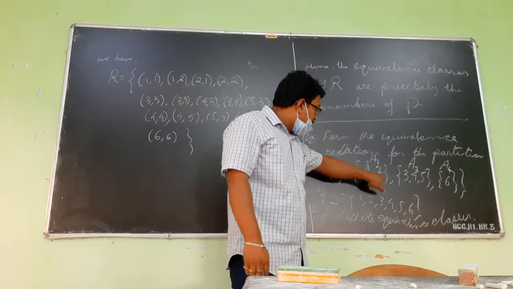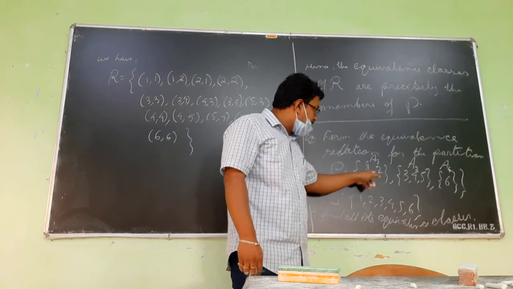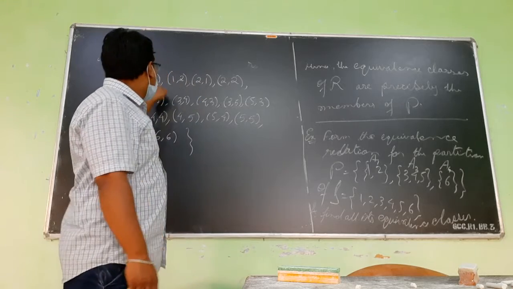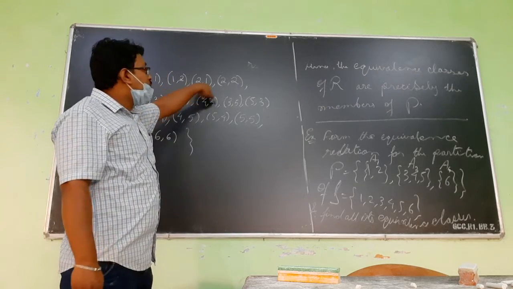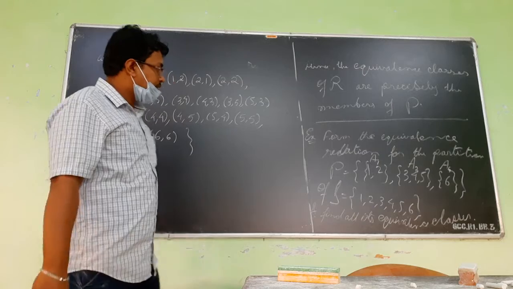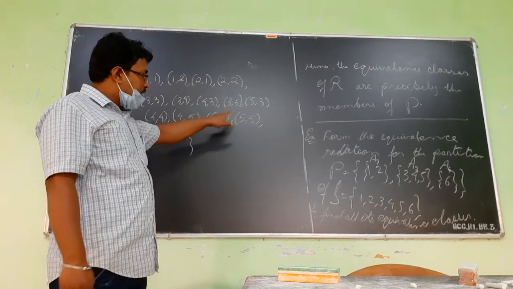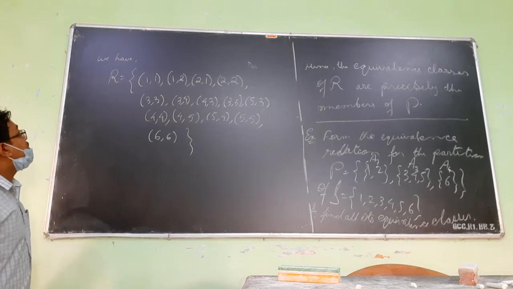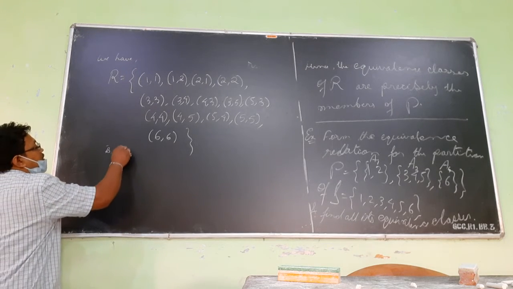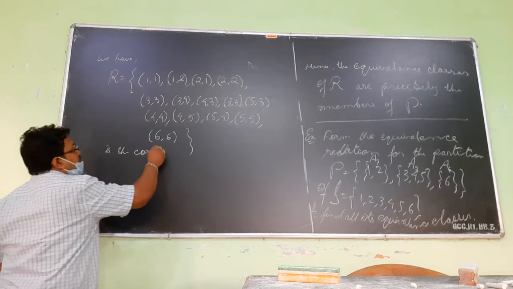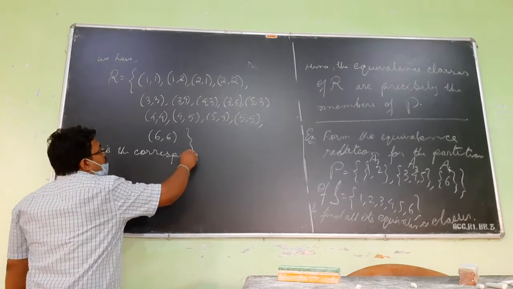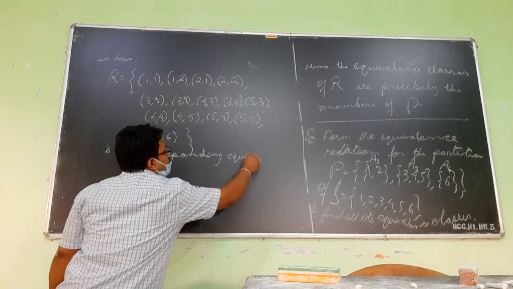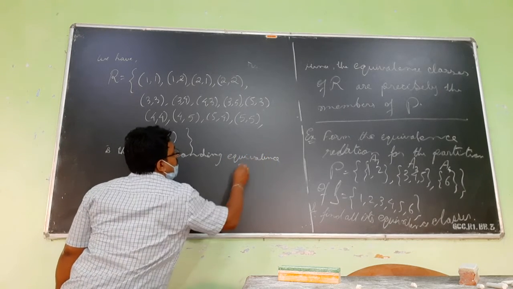The first is 1, 2, so any element inside it will be related to each other. So 1 is related to 1, 2 is related to 2, 2 is related to 1, and like that. In 3, 4, 5 each will be related. In the last one, each will be related. So this is the corresponding equivalence relation.